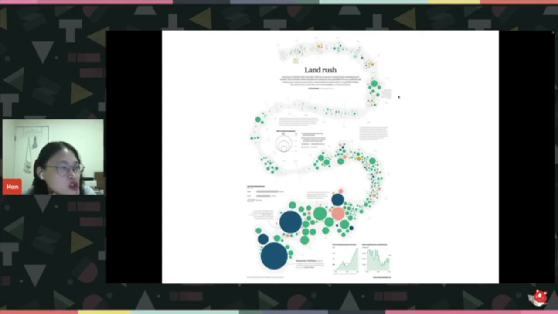I made some annotations of the important periods and also added a small legend to tell the readers how to read the graphic. And at the bottom, these are two small charts showing the private residential property price since 1995.